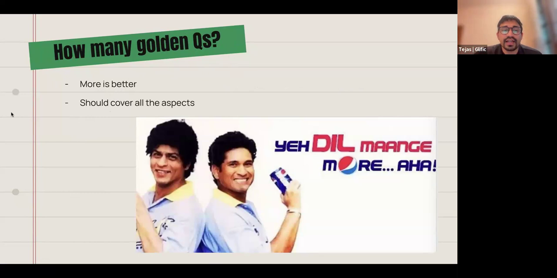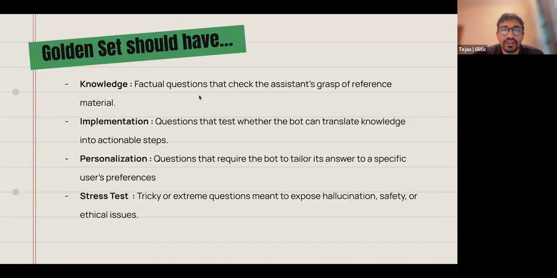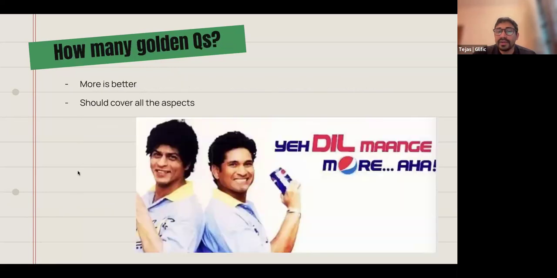Having, out of 9,000 questions, just maybe 100, 200, or 300 questions, all from a knowledge or implementation perspective, with the stress test set being smaller, may not be the best way to go about it. But the idea is the more the better. As you have more and more people interacting with your chatbot, you should try to get more and more questions.